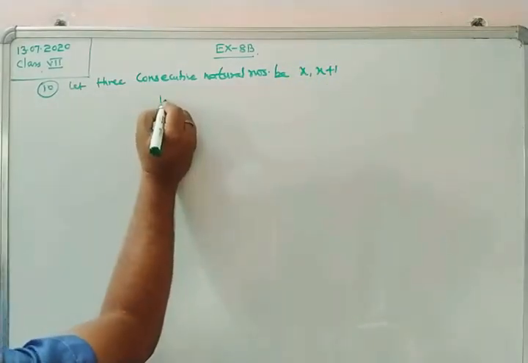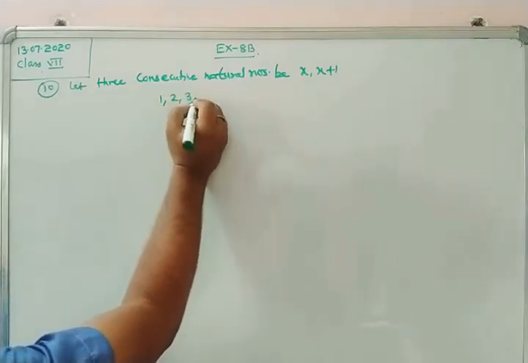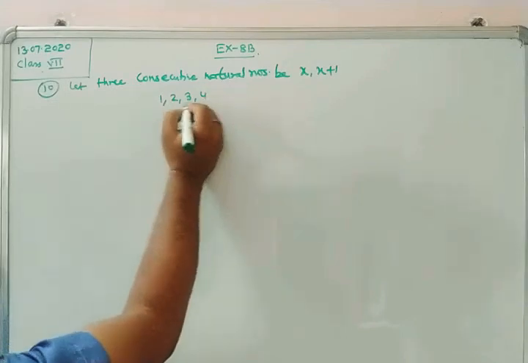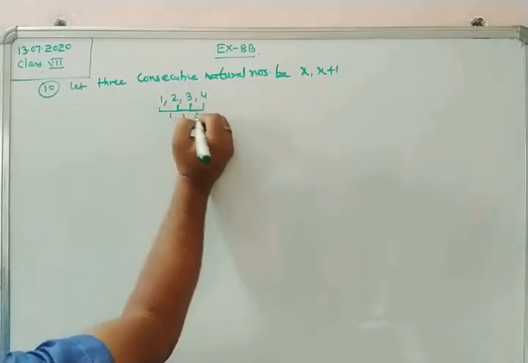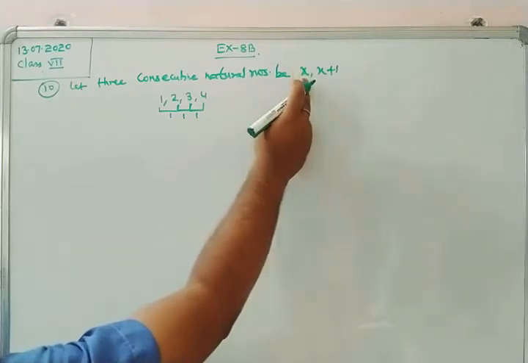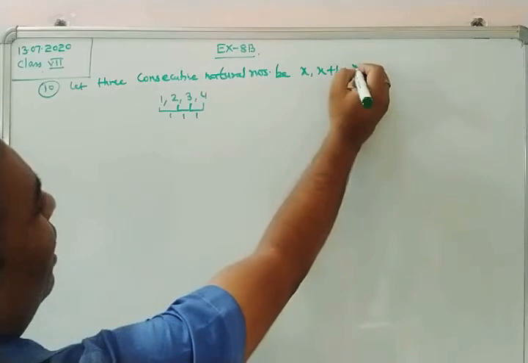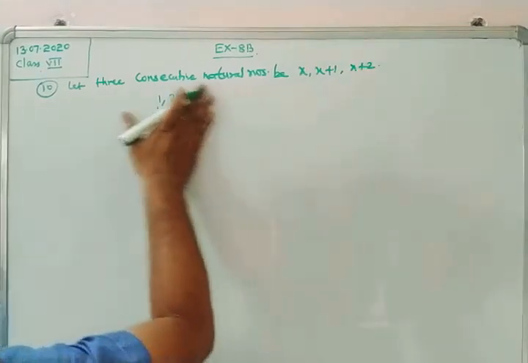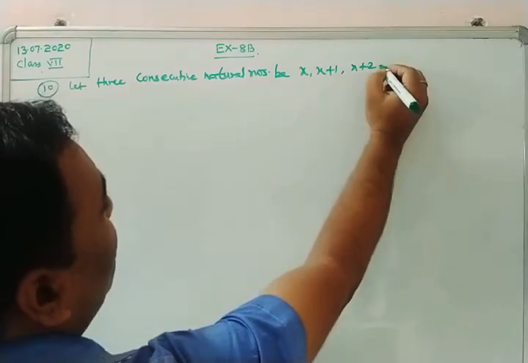Because after 1 comes 2, after 2 comes 3, after 3 comes 4, like this. So what is the difference? 1 here as well, 1 here as well. So the first one is x, then x plus 2. So these 3 are consecutive natural numbers respectively.